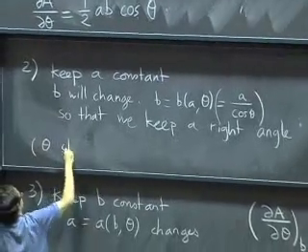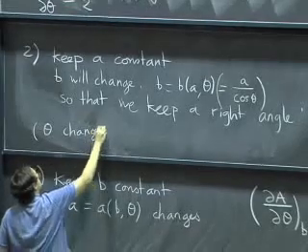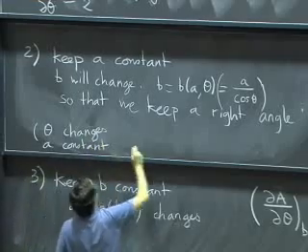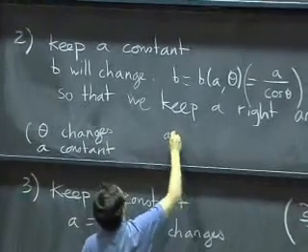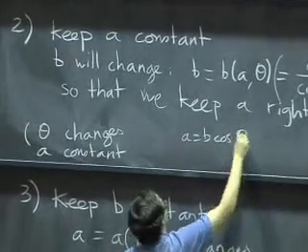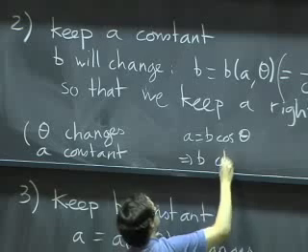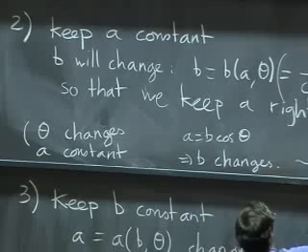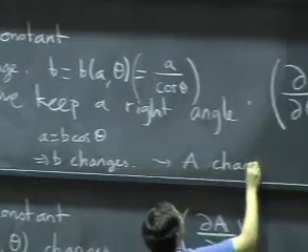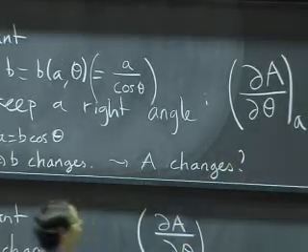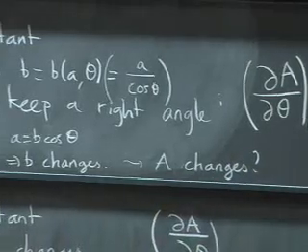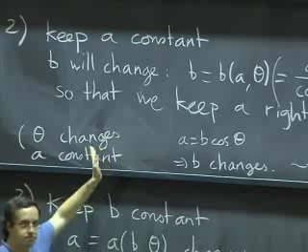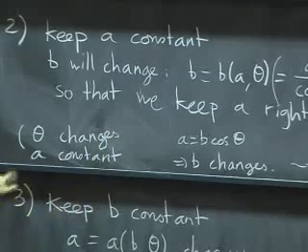So theta changes. A is constant. But we have the constraint, A equals B cosine theta. That means that B changes. And then the question is, how does A change? Well, it will change in part because theta changes and in part because B changes. But we want to know how it depends on theta in this situation.